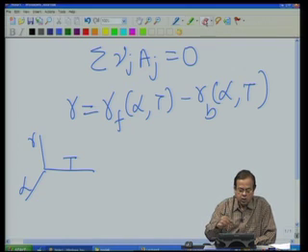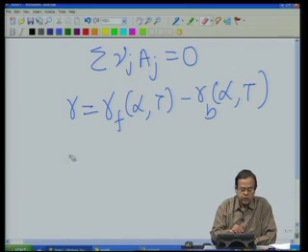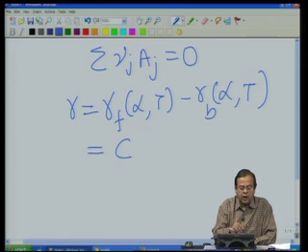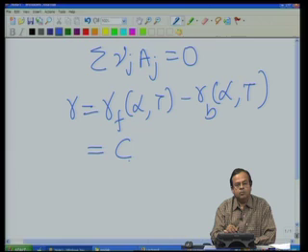Instead, we will try to see the rate contours: assuming that R is some constant value C, how do those contours look in a phase plane of alpha and T?